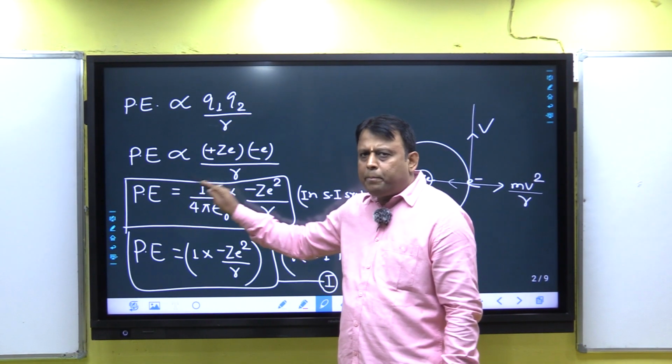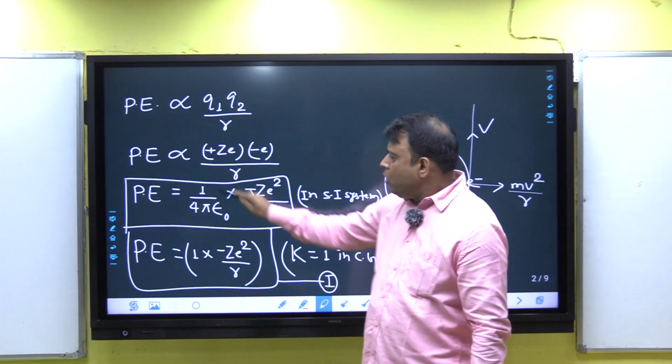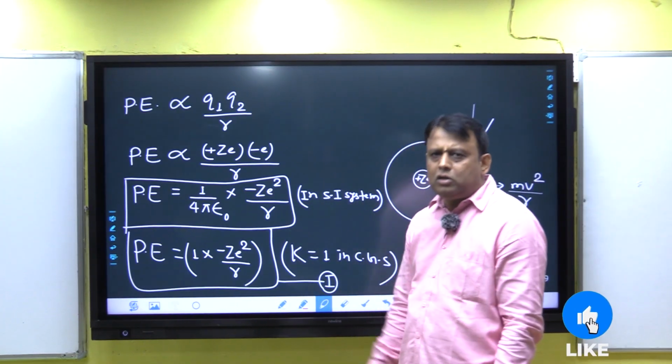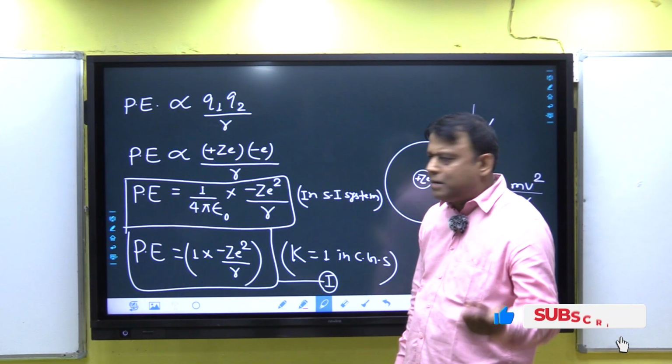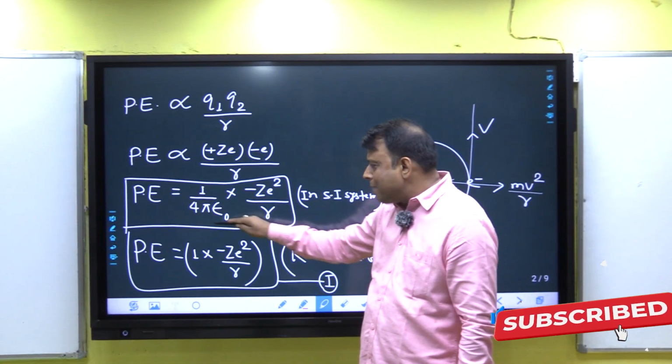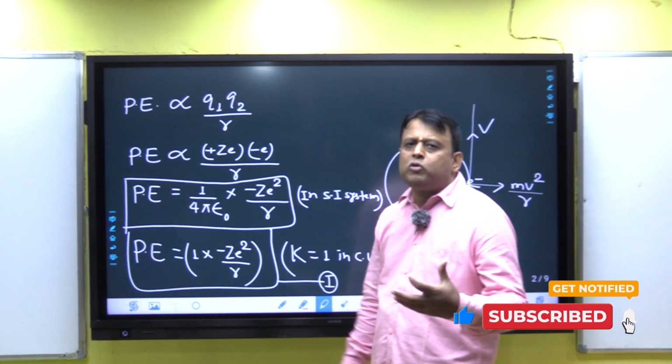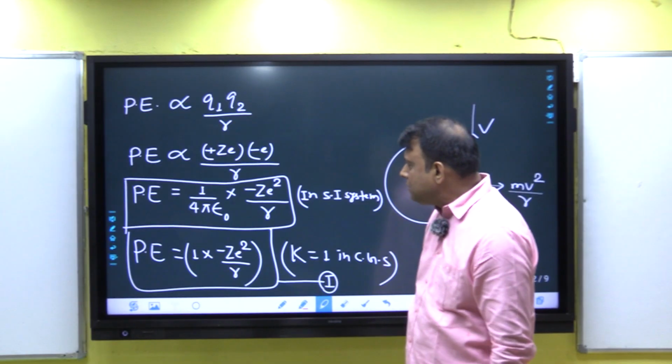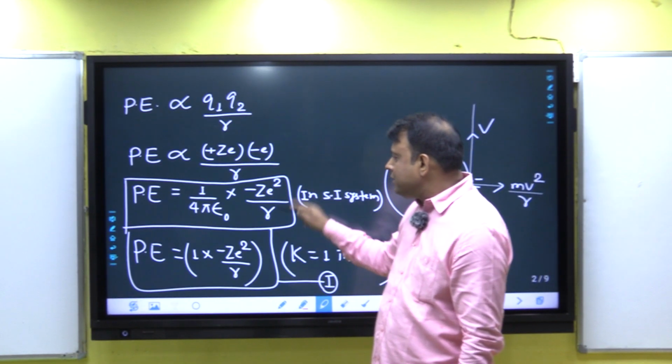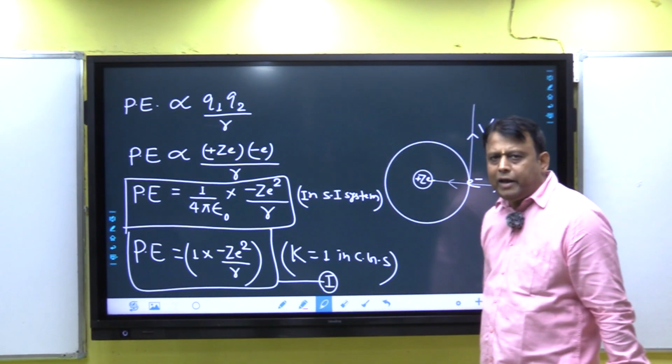Hence potential energy is equal to 1 by 4 pi epsilon naught in SI system, and 1 by 4 pi epsilon naught is proportionality constant in SI system, times minus Ze square by R. Clear?